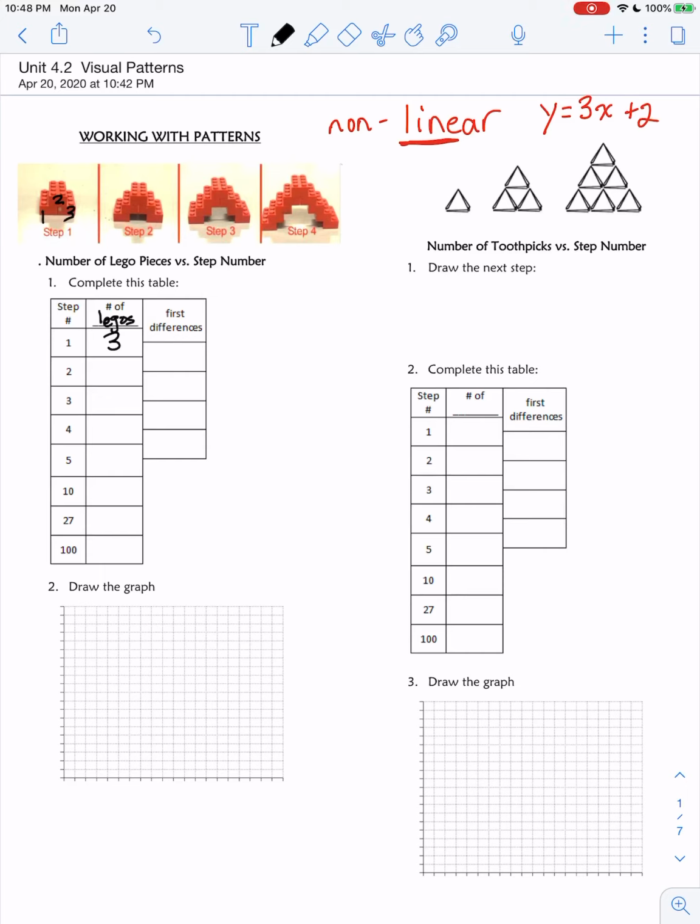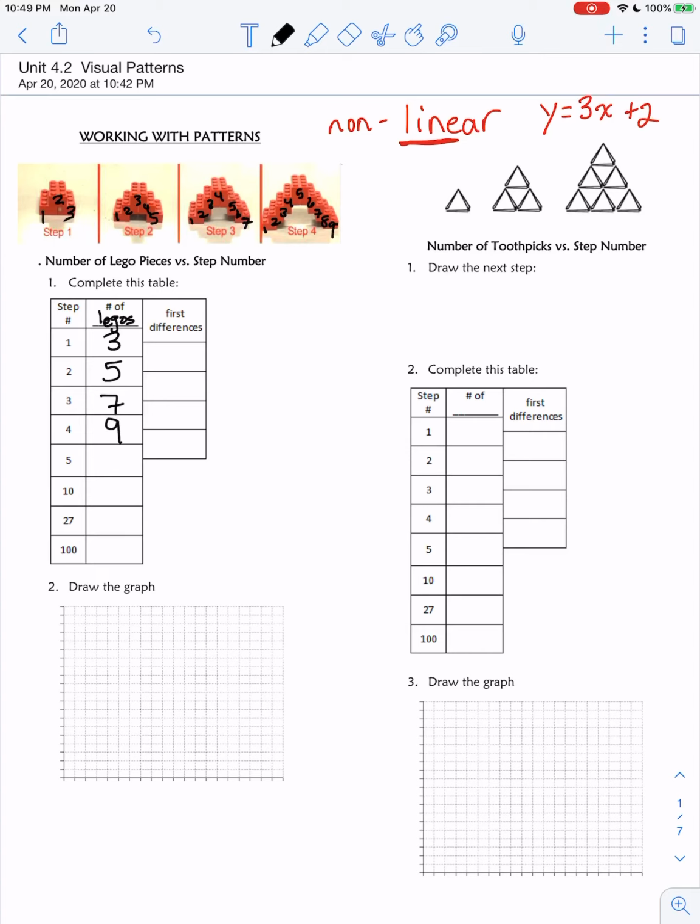And in step 2, I see 1, 2, 3, 4, 5 of them. And in step 3, I see 7 of them. And in step 4, I see 9 of them.